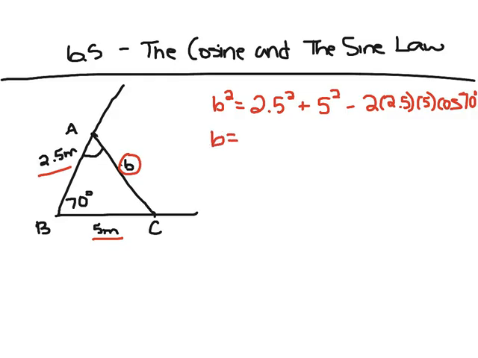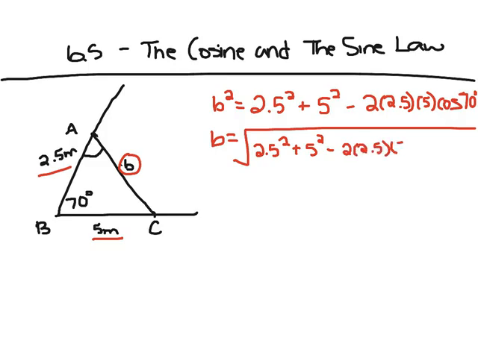So B is going to be equal to the square root of 2.5 squared plus 5 squared minus 2 times 2.5 times 5 cos of 70. Type this all into your calculator, and to the nearest tenth of a meter, we get 4.8 meters.